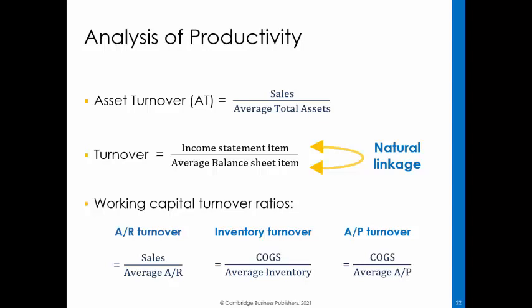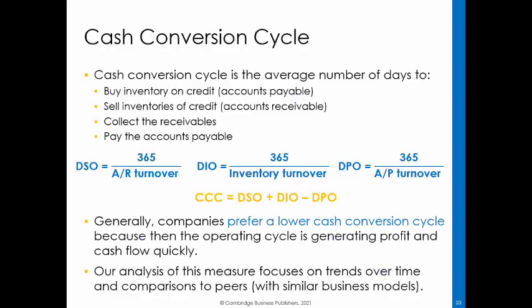Therefore, we compute annual measures of each of the turnover ratios by dividing them into 365 days to determine the days sales outstanding for accounts receivable turnover, days inventory outstanding for inventory turnover, and days payable outstanding for accounts payable turnover. When we add all three of these together, we have the cash conversion cycle.